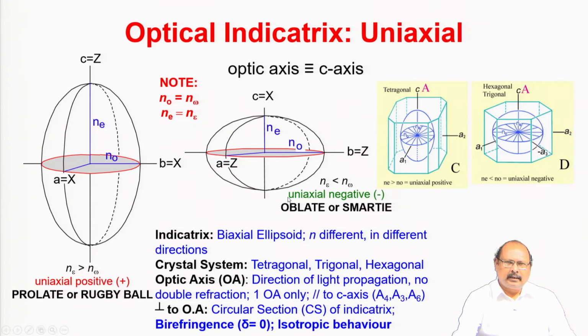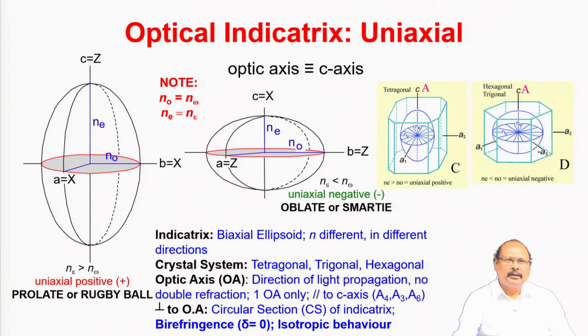Now, I would like to define two important aspects with respect to the uniaxial indicatrix. The optic orientation which contains the C crystallographic axis, or optic axis, which will essentially be an elliptical shape, is called the principal section of the indicatrix.